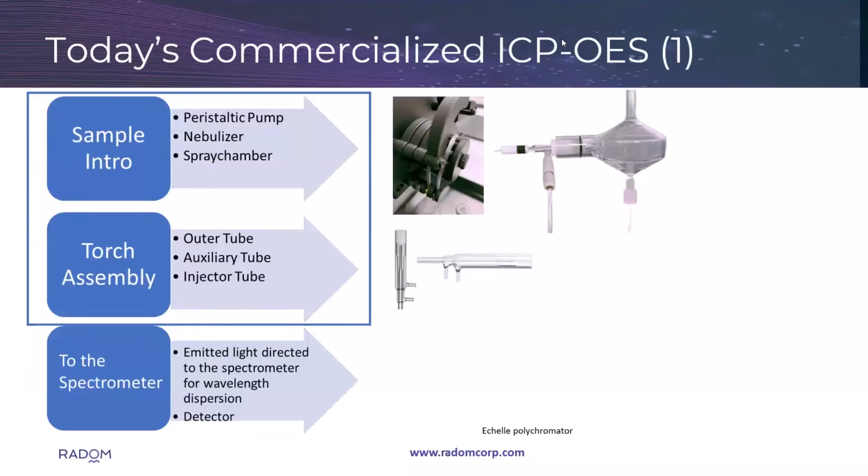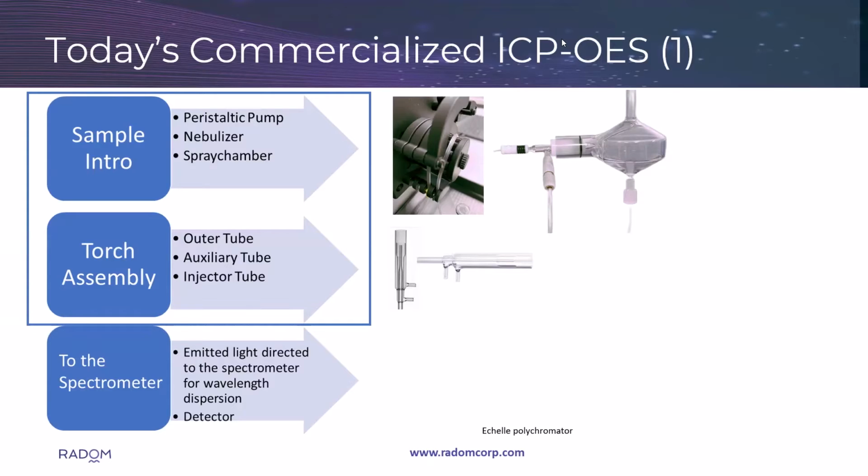Before we can talk about MICAP-OES technology and how it reduces argon dependence, we first want to break down the commercialized ICP-OES systems available today. These are argon plasmas. Let's take the entire system and break it into 2 components. The first component would be the plasma source.